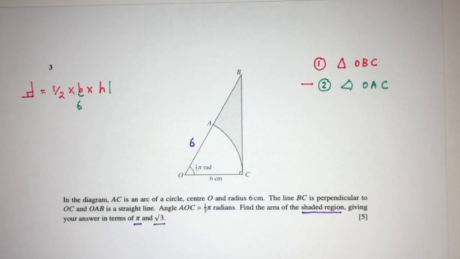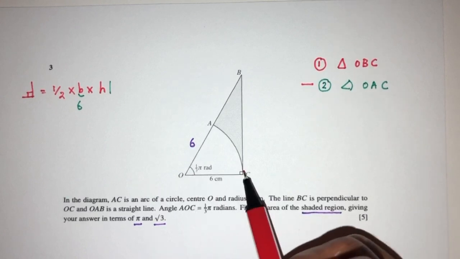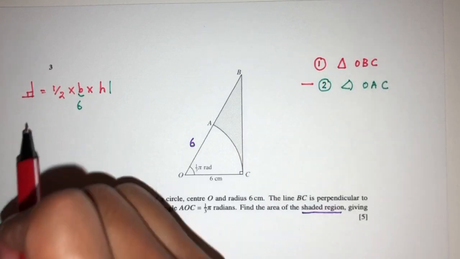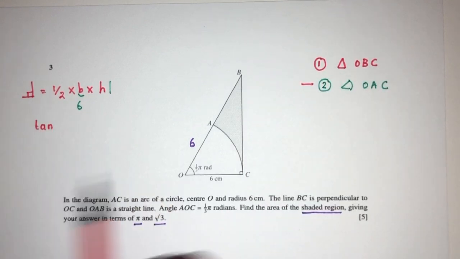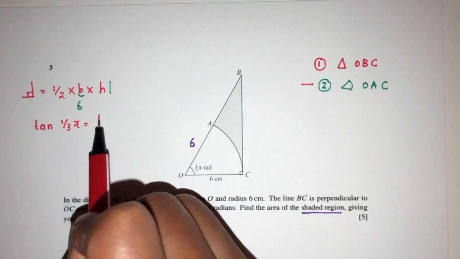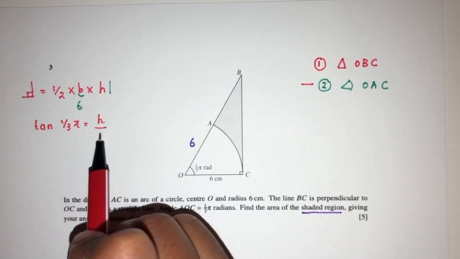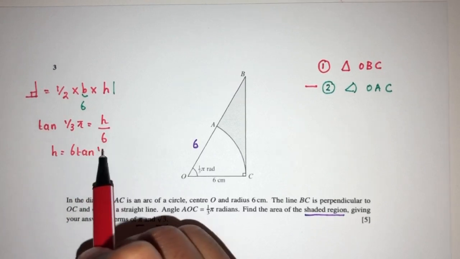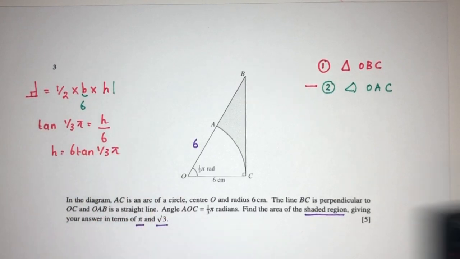How would you find the height? You can see we can use SOHCAHTOA to find the height. We have the angle here, this is 90, this will be my A side. I need to find the opposite side. We have to use tan. So tan of 1 over 3 pi will be the opposite side, which is the height, over the A side, which is 6. So height will be 6 tan 1 over 3 pi.